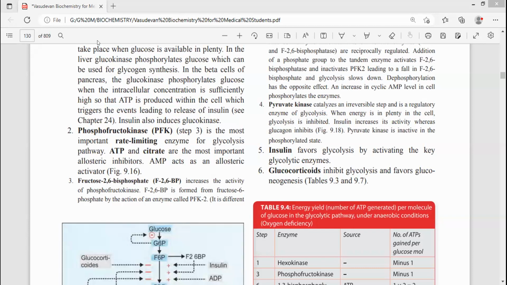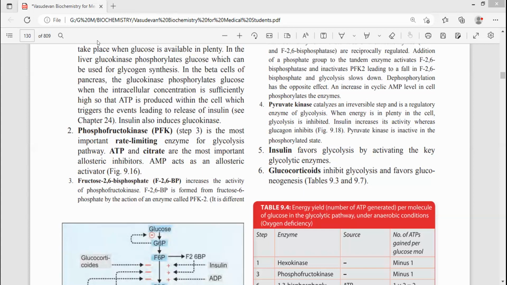We saw the allosteric site when we were talking about non-competitive inhibition, whereby the inhibitor binds to that other site. That is why the KM was not affected. So here we have ATP and citrate acting as inhibitors.